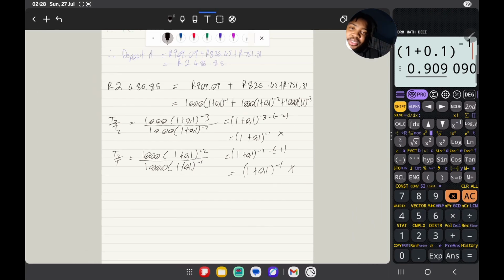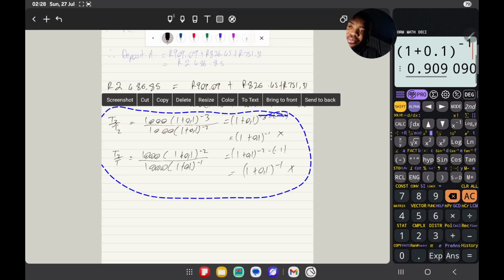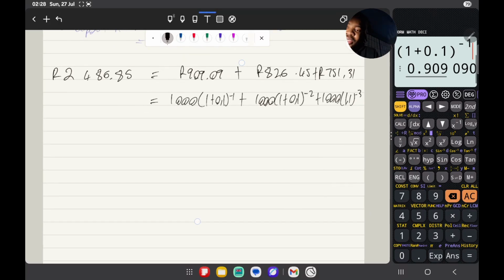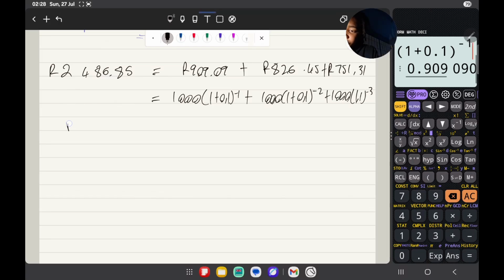So with that being said, let me erase this. We can say r is equal to (1 plus 0.1) to the negative 1, which is below 1.